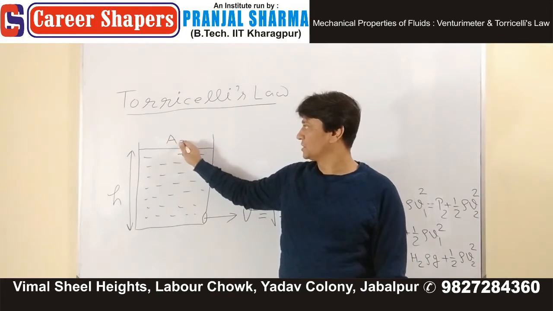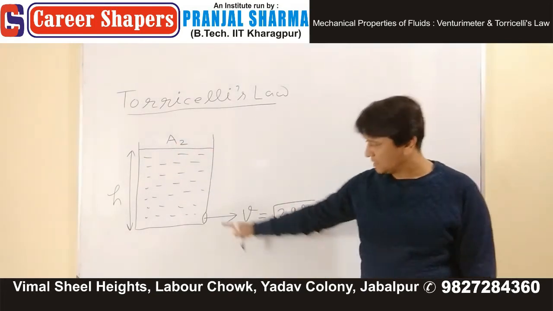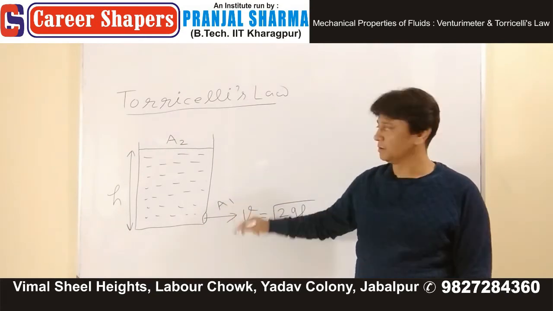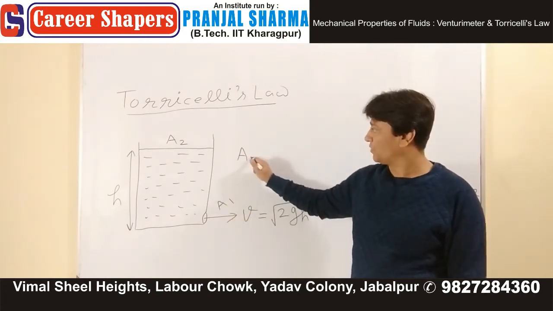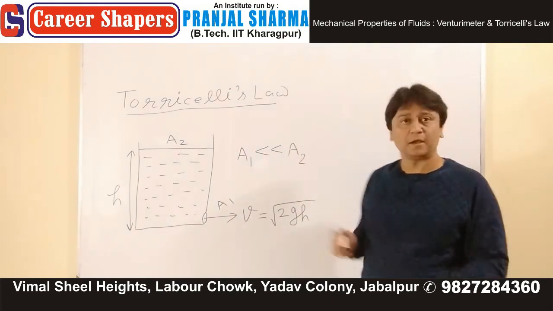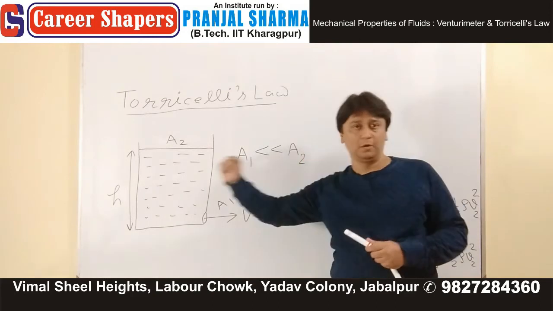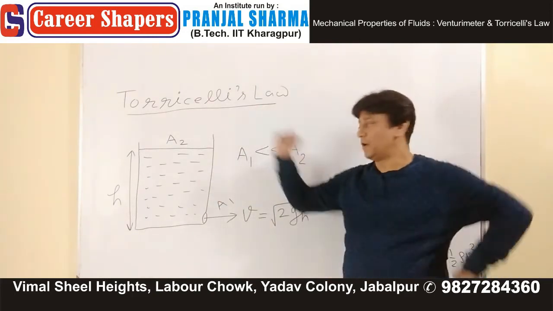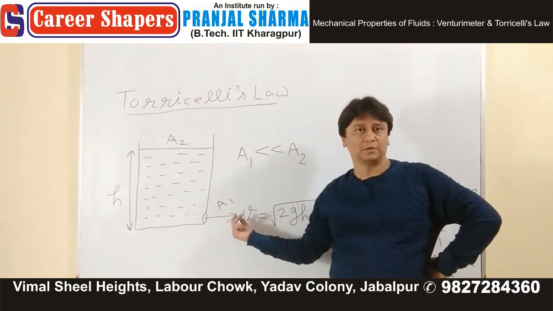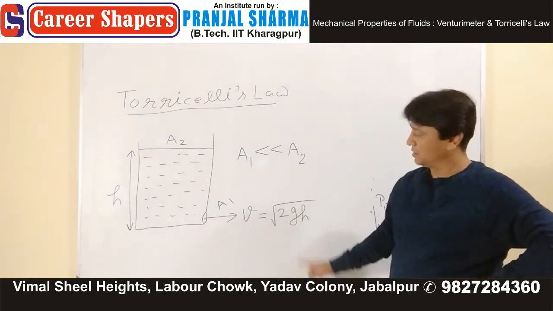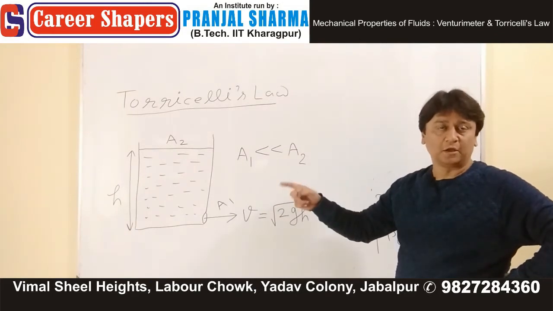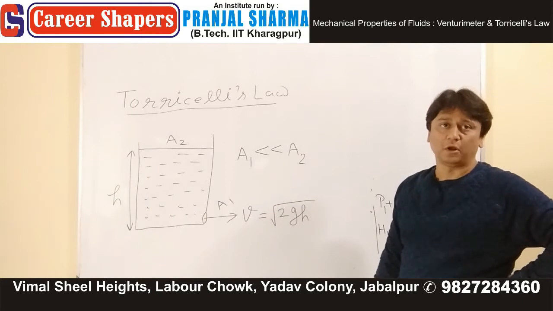Let's say this is A2 and cross-sectional area of the hole is A1. If A1 is much smaller than A2, if you make a tiny hole, then what Torricelli found is that speed of water jet as it comes out is equal to speed gained by an object during free fall.